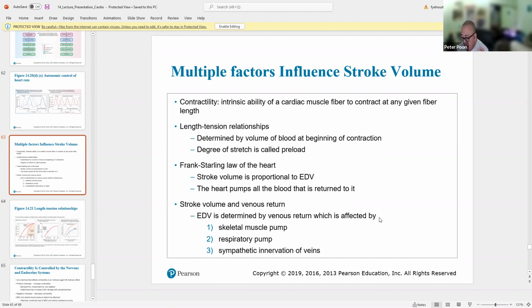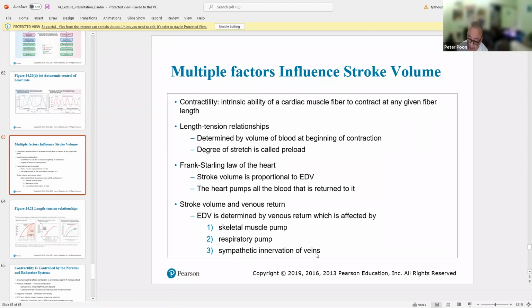Like your heart can't make up blood, right? So how much blood comes in determines how much blood comes shooting out. So that's determined by the skeletal muscle pump, the respiratory pump, sympathetic innervation of veins.